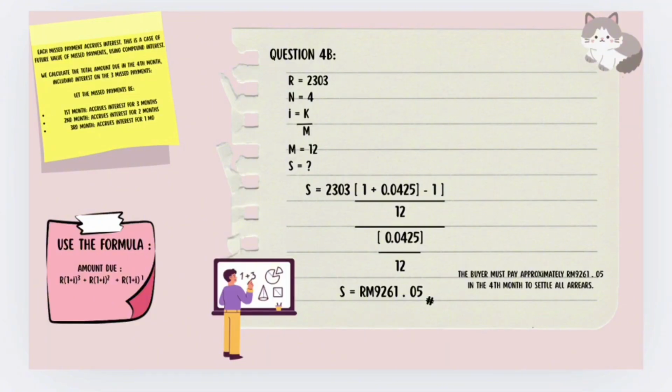So we need to find S. S equals 2,303 [(1 plus 0.0425 over 12) to the power of 4 minus 1] over 0.0425 over 12. So S equals RM 9,261.05. So the final answer is the buyer must pay approximately RM 9,261.05 in the 4th month to settle all outstanding arrears.